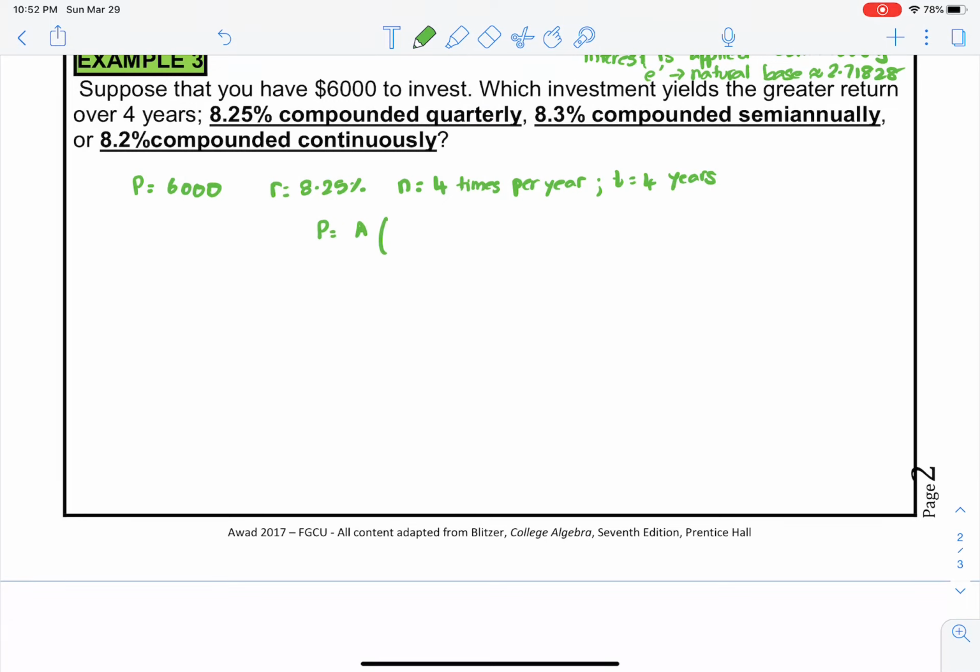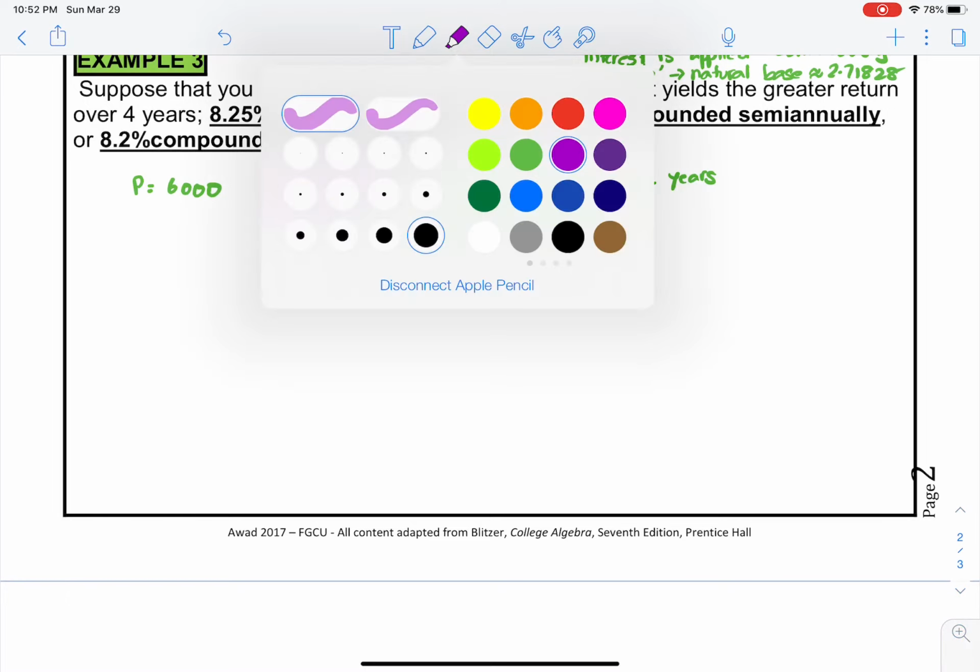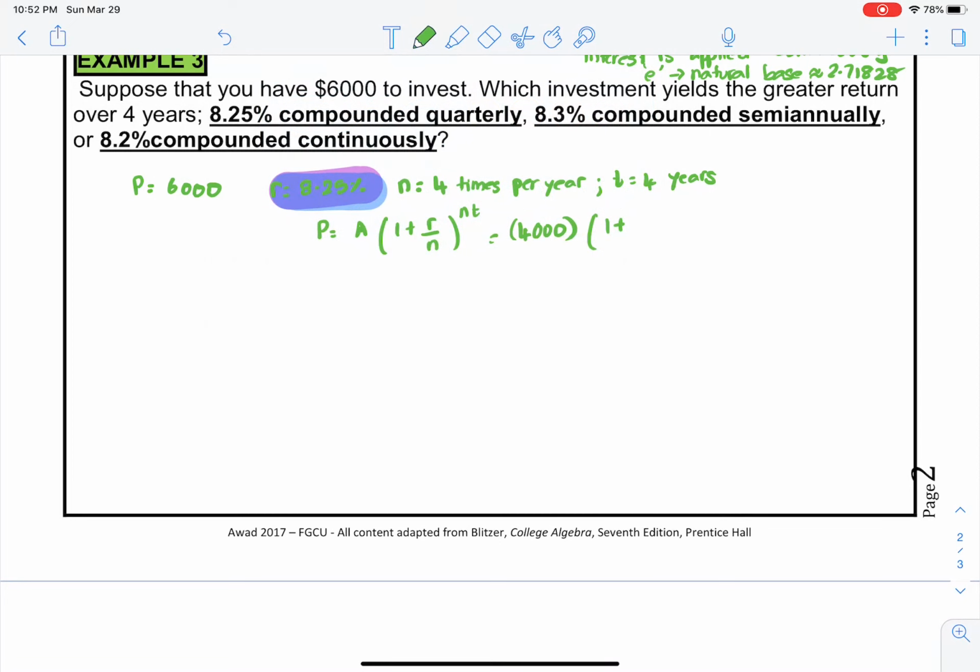Using the formula, we simply plug in 4,000 times 1 plus. Do not forget to convert the percent to a number. So it would become 0.0825 divided by 4 times per year, so n is 4, and 4 times 4, we get 16.